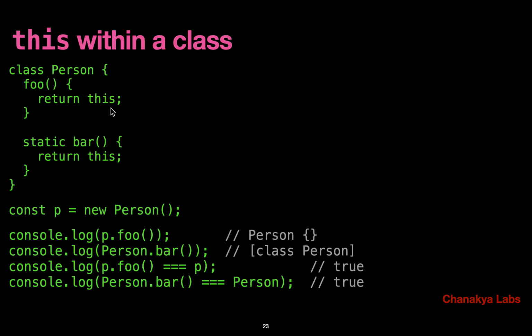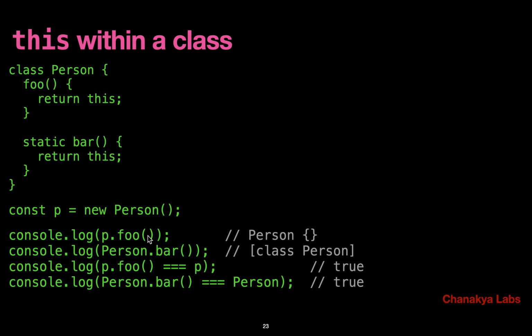You understand? So this is what I'm trying to say, that when you do p dot foo, this inside your function foo must be p. And what is p? p is the created instance. In fact, later you can compare p dot foo and p, and you will see true, which means that whatever I'm claiming is true.